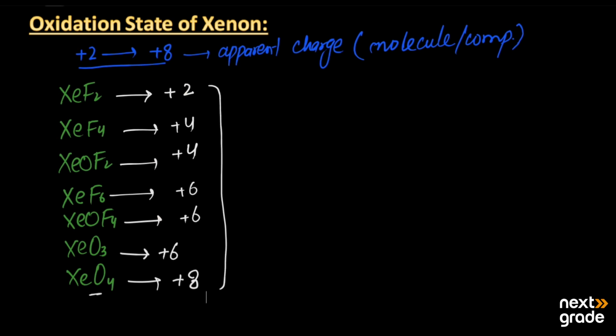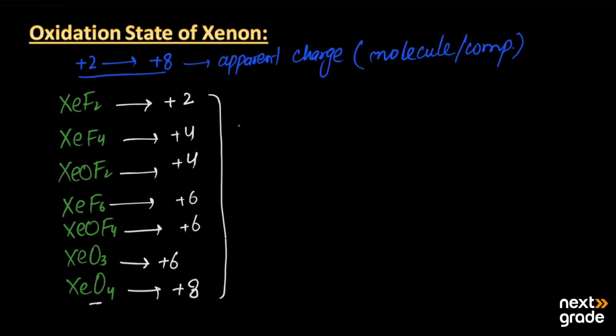Now, what are the main physical properties of these compounds? They have different physical forms. For example, the first one, xenon difluoride, is a colorless crystal. Likewise, xenon tetrafluoride is also in colorless crystals. The third compound is also in colorless crystals, and the fourth one as well. Then we have xenon hexafluoride, also in colorless crystals.